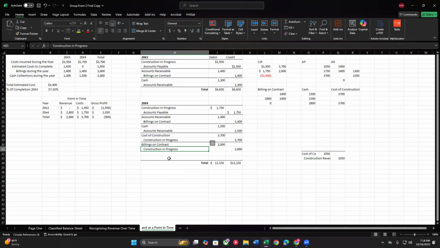I think 2023 is good. Yeah, I think that's good too, because we don't have any expense in 2023 though. That's true. But we might need to recognize expense in 24 though. We haven't even recognized any expense. I don't know.